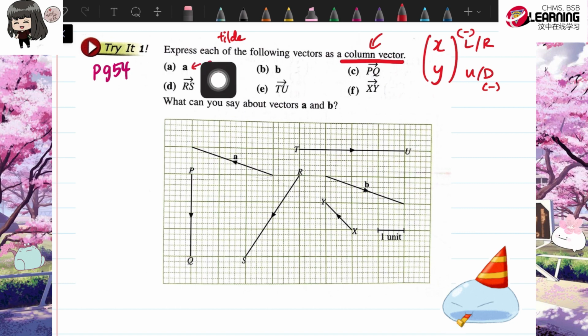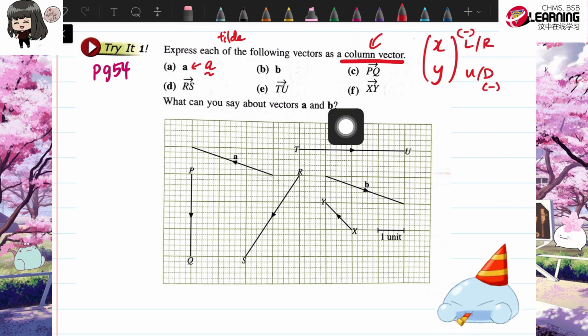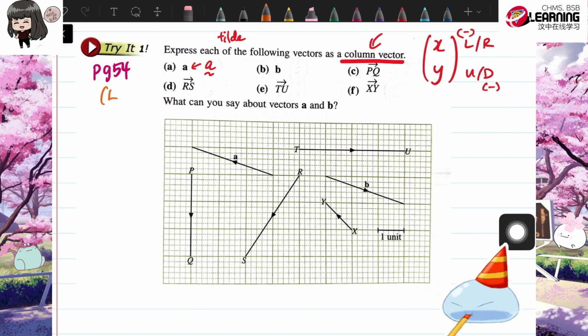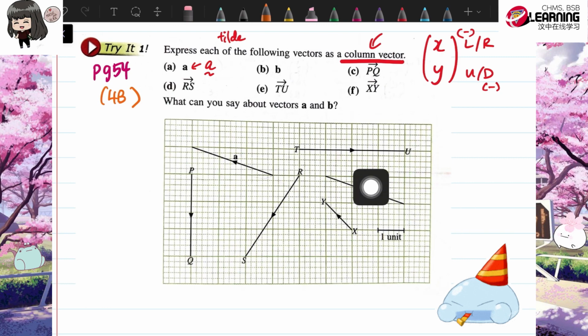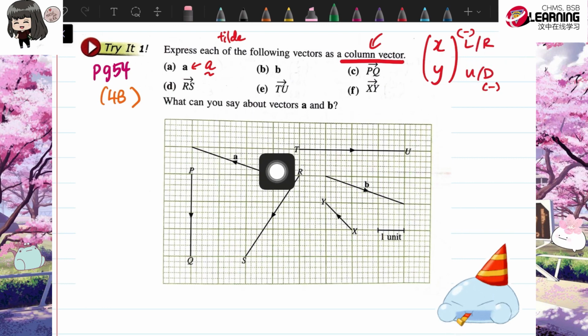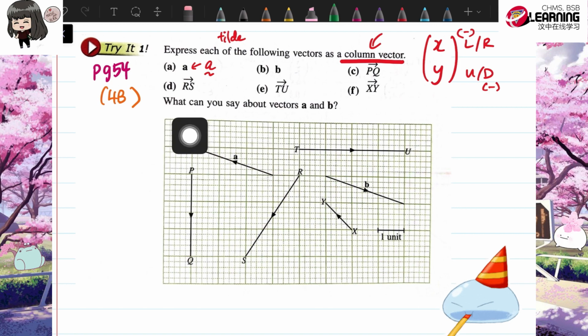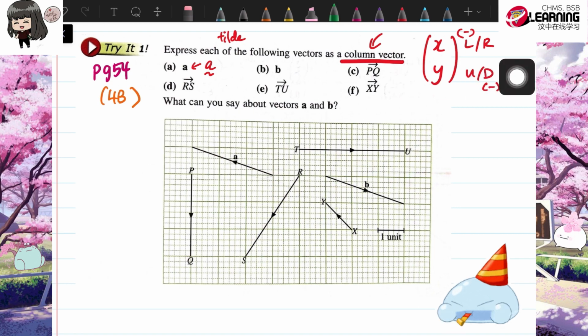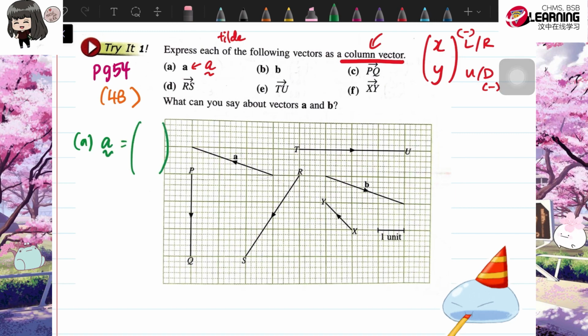All right. So let's look at vector A. Yes, this is Try It One, page 54 in your 4B book. Remember, this is the 4B book, not 4A. Vector A here, the arrow is from here until here, going this way. So our column vector here, part A, is represented by XY.